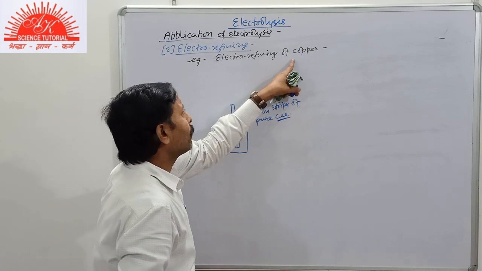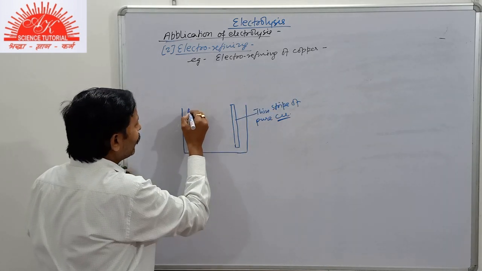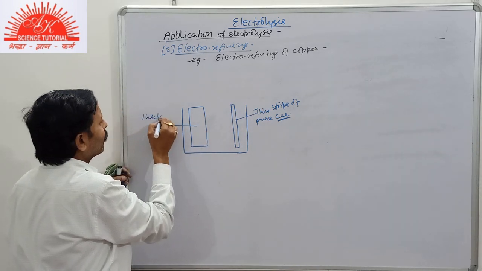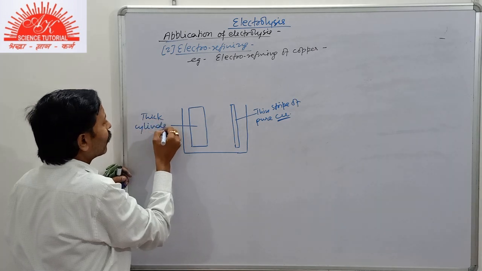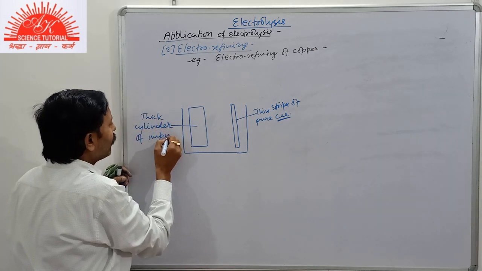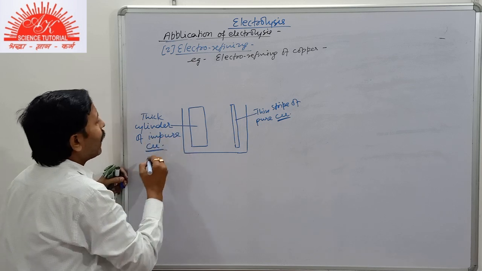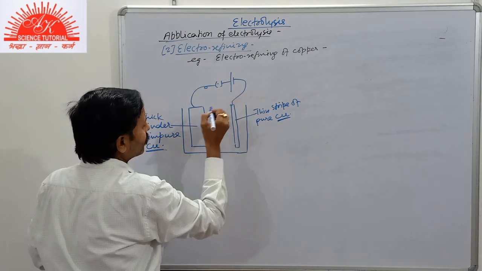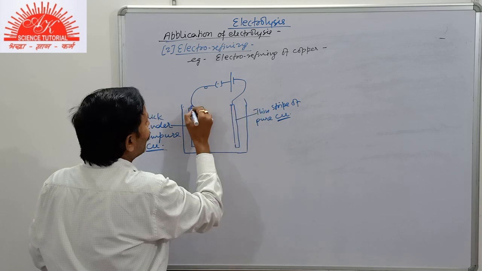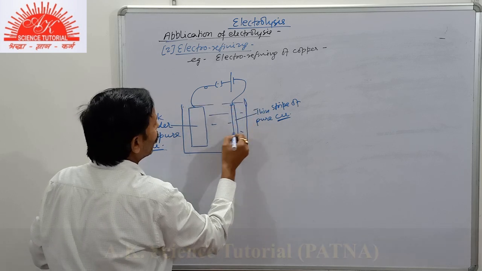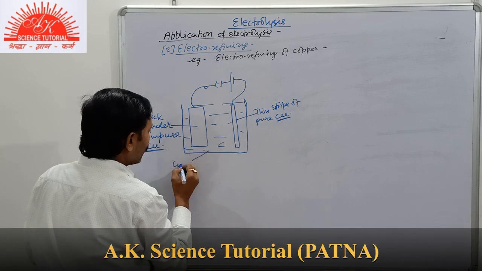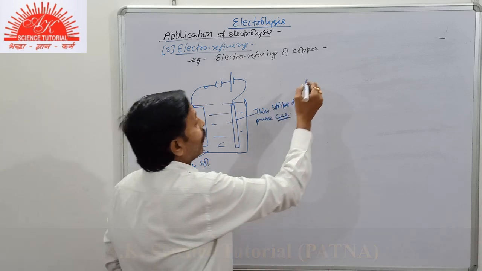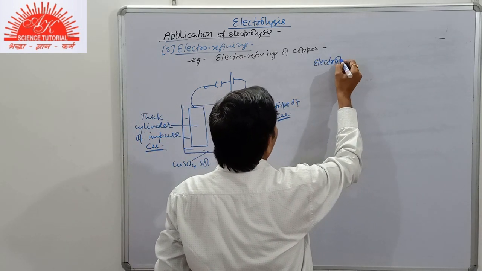The metal to be refined in pure form is taken at cathode, and a thick cylinder of impure metal is taken at anode. Circuit is completed, and then we see that the electrolyte will be the salt solution of that metal. This is a simple setup. Now write electrolytic reaction, electrolytes.